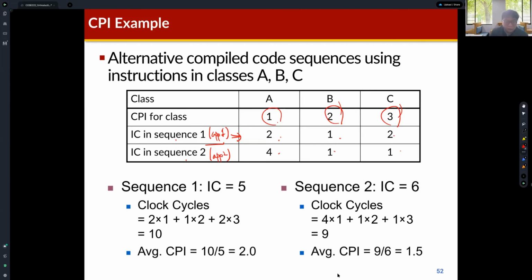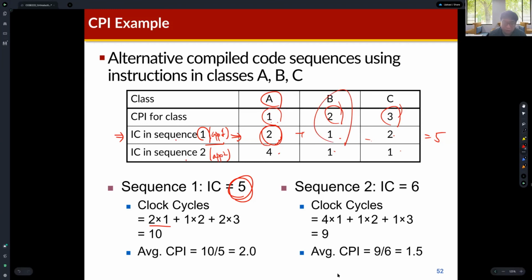So in sequence 1, what is the total instruction count? It's 2 plus 1 plus 2, which is 5. And then what is the number of total cycles? In sequence 1, there are 2 class A instructions, and the CPI is 1, so the total cycles of class A instructions is 2 multiplied by 1.